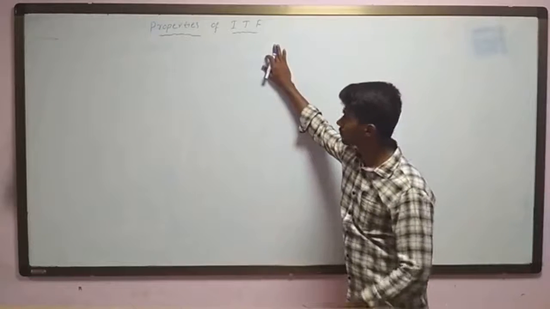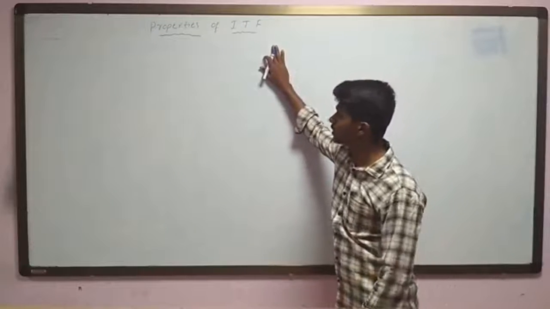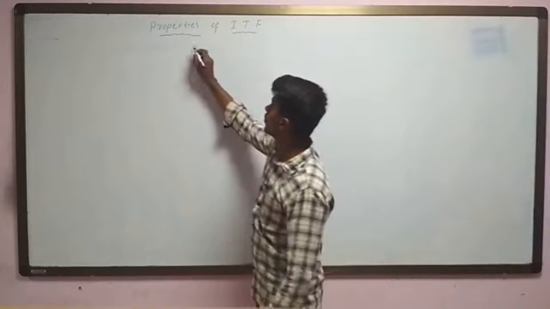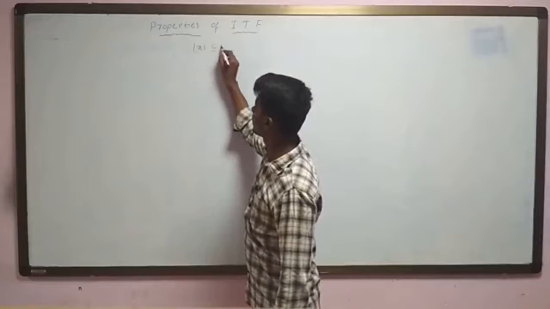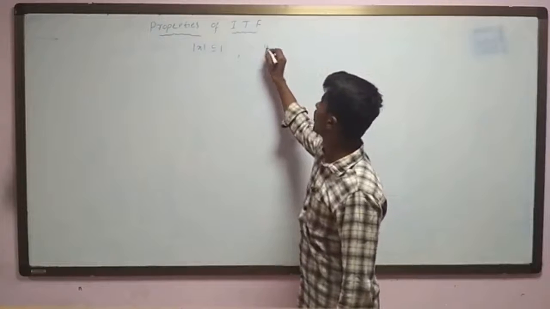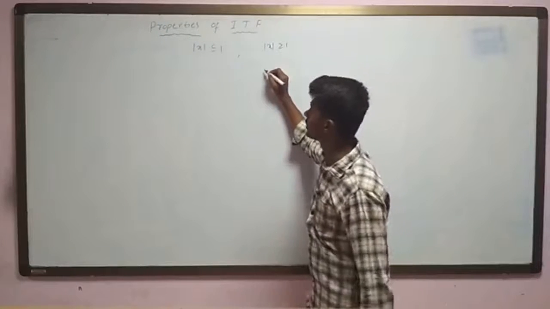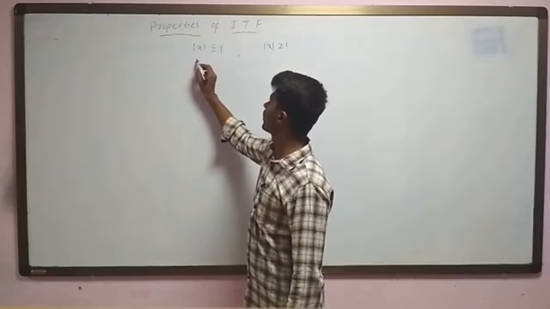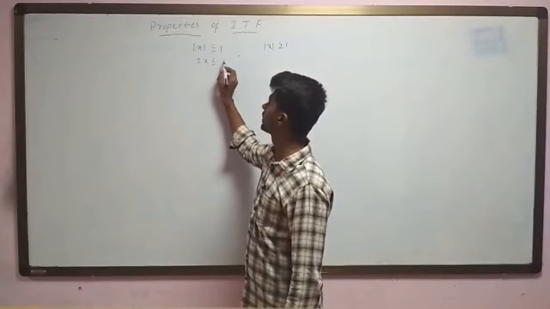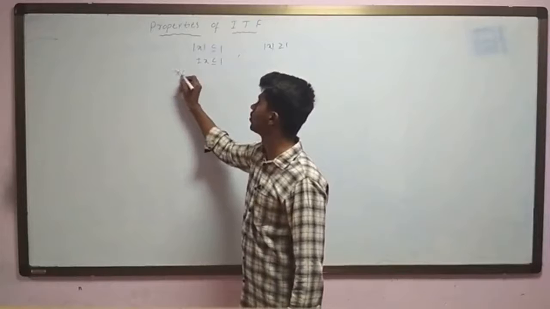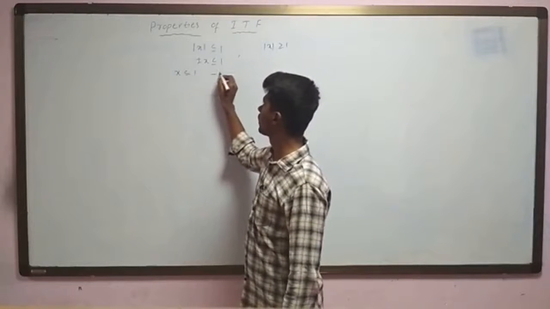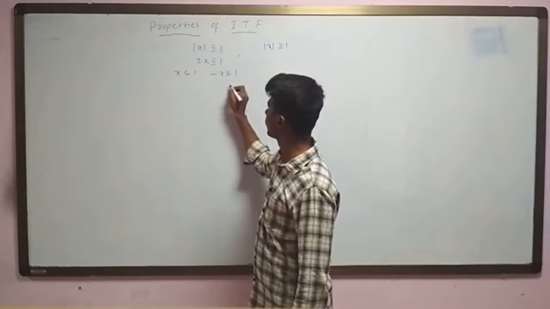Right. Now, before entering the properties, I want to explain modulus of x less than or equal to 1 and modulus of x greater than or equal to 1. Modulus of x less than or equal to 1 represents plus or minus x less than or equal to 1. So x less than or equal to 1 and minus x less than or equal to 1.